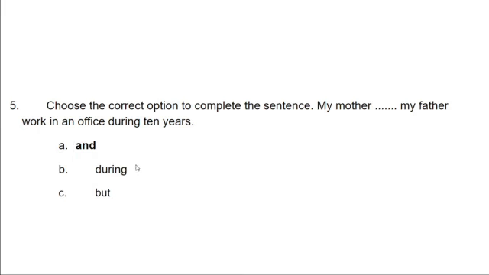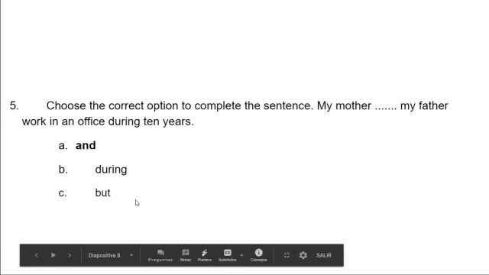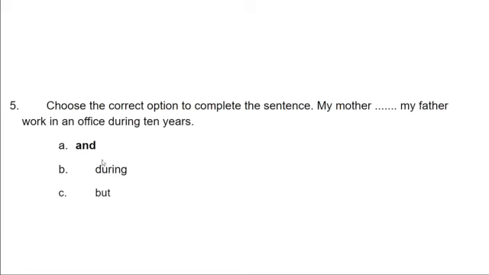During, no, porque no estamos hablando de un periodo de tiempo. Y but, no, porque no estamos contrastando una idea. The correct option is letter A. Okay, y mi madre y mi padre trabajan en una oficina durante 10 años.